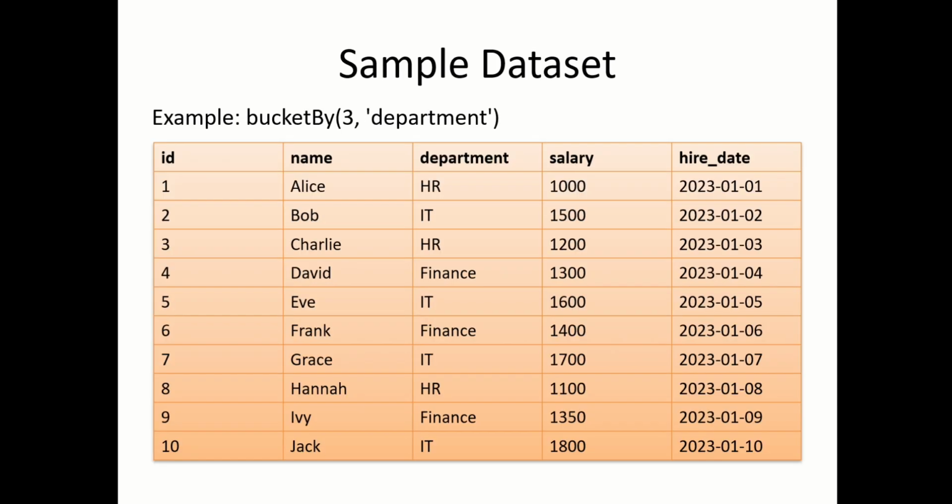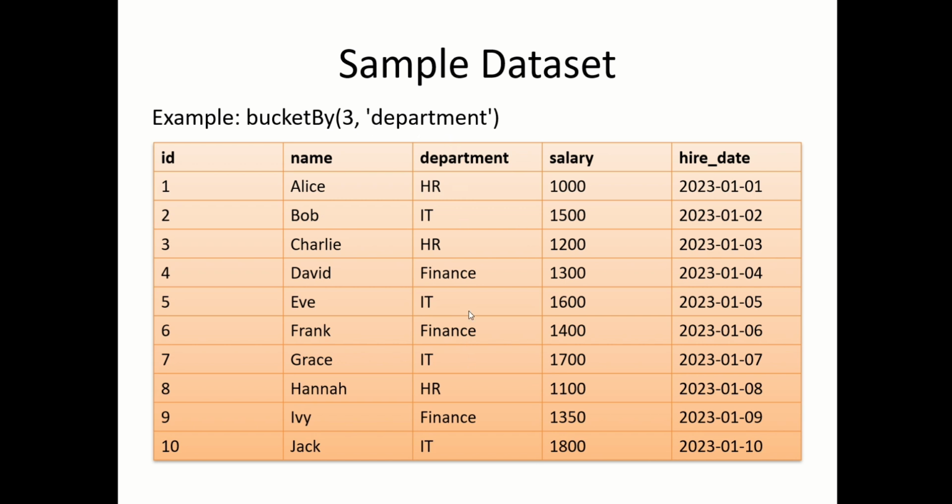So here we have an example. Let's discuss this. Here you are seeing how we do bucket by in a data frame. This is the syntax. Bucket by, suppose we want to divide this data into 3 partitions, based on the department column.